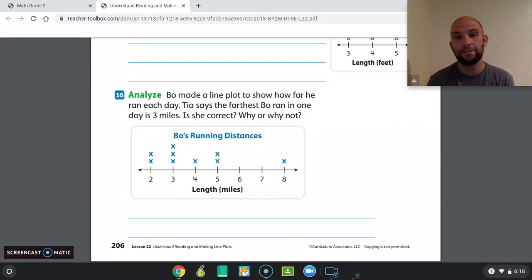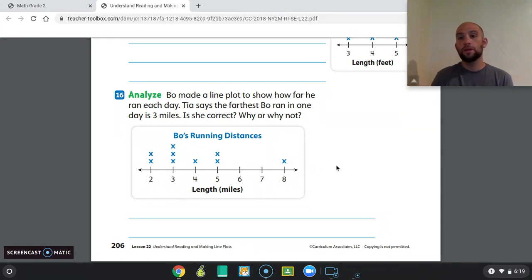What it asked is, was the farthest that he ran in one day 3 miles? So we have to remember what these X's mean. They mean how many times something happened, or how many pieces of data we have for that number, not how far they ran, or the length, or whatever our measurement is on our number line on the bottom.